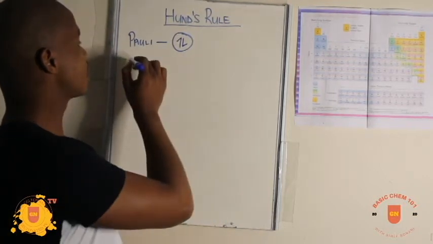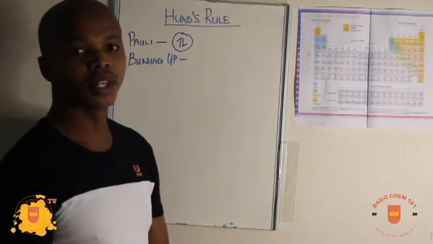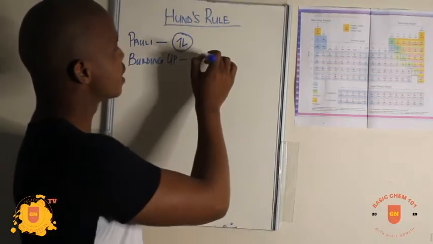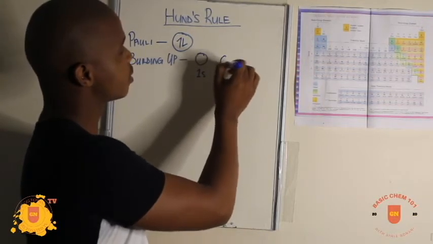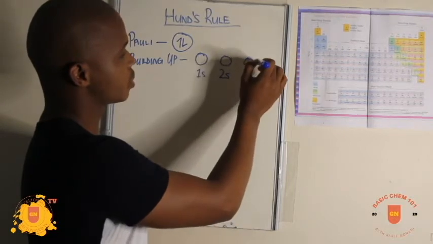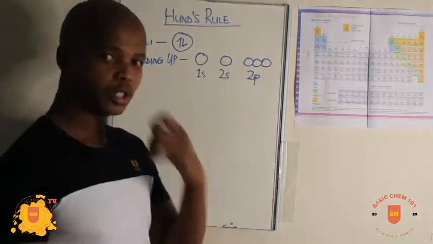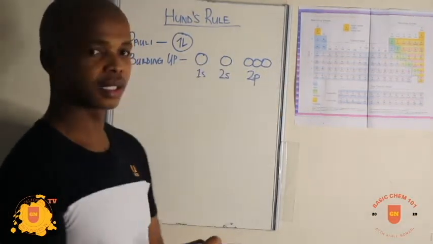If you're doing the Aufbau or building up, you will first fill the 1s, then you continue with 2s, then you go to 2p. You know that there is an order. You first have to fill this.